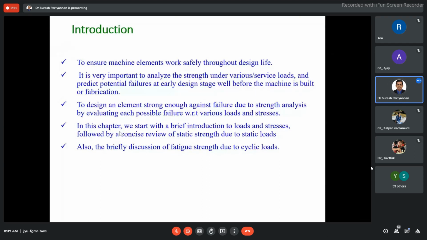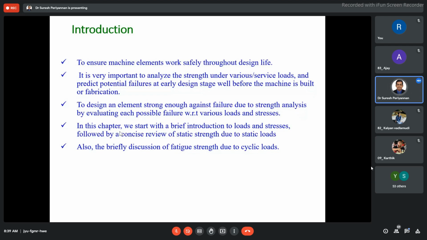The third point is to design an element strong enough against failure. How we design it and what parameters we consider, we will discuss later. But while designing the component, we should understand that it must be strong enough against failure due to strength. That can be done with the help of strength analysis.